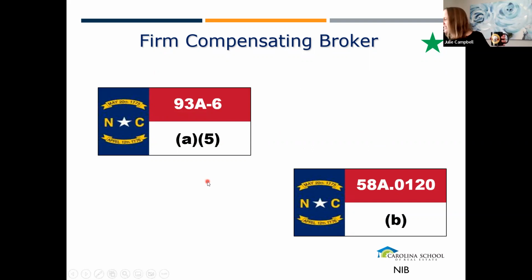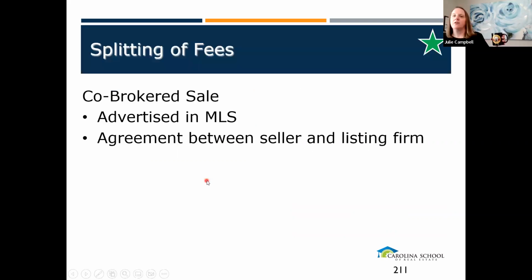So on page 211, picking back up there, talking a little bit more about our fees. How we get paid may depend on what type of transaction it is. A co-brokered sale means it's two different firms. One firm has been hired to work with the seller, and a different firm has been hired to work with the buyer.